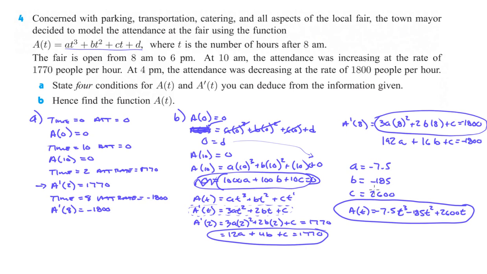And for D, using the graph will help you figure out what time that is, and then you should be able to take that time and convert it into how long it takes.